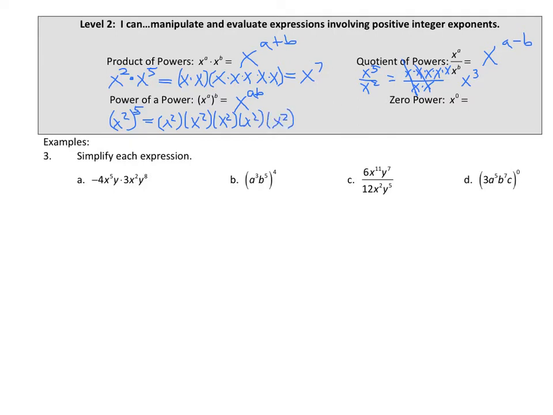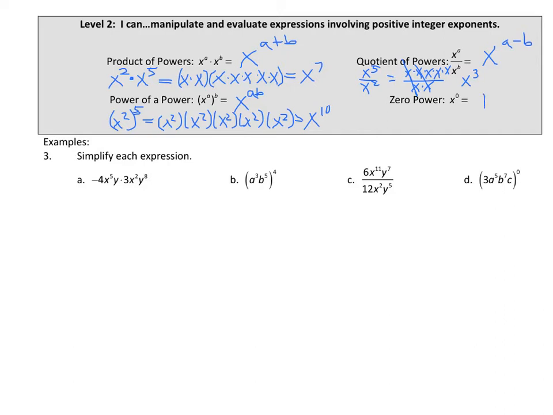And each of those x squareds is 2 x's, so that would be x to the 10th power. So again, raising a power to another power, you multiply the exponents. And then the 0 power, the rule is anything raised to the 0 power is just 1.